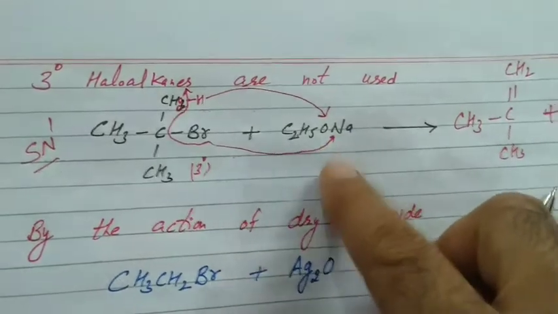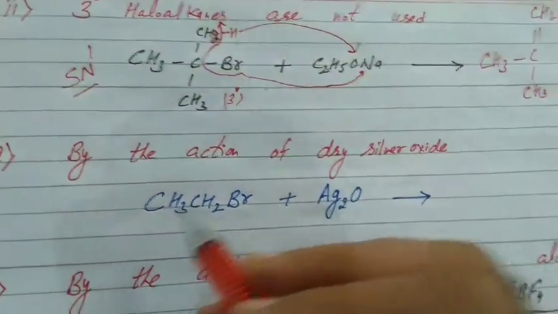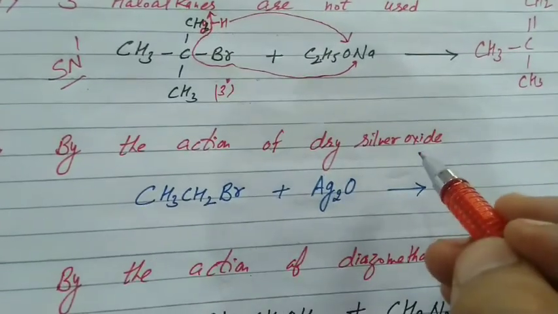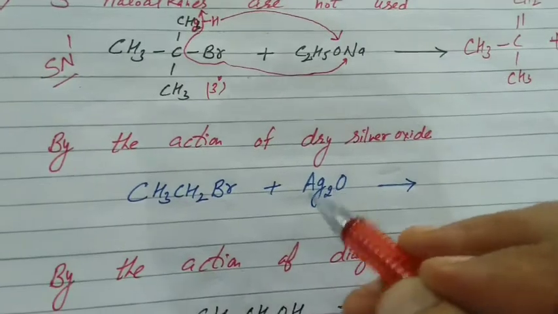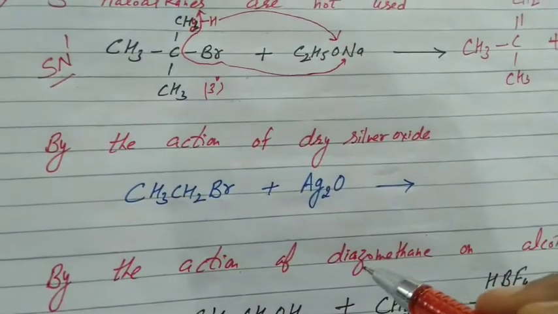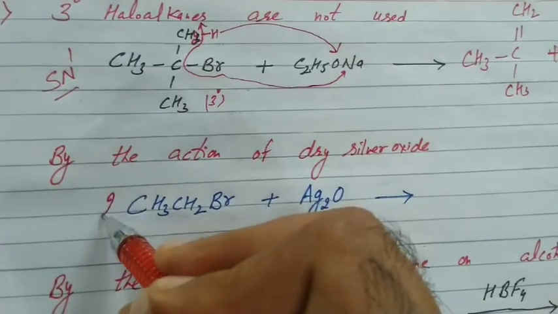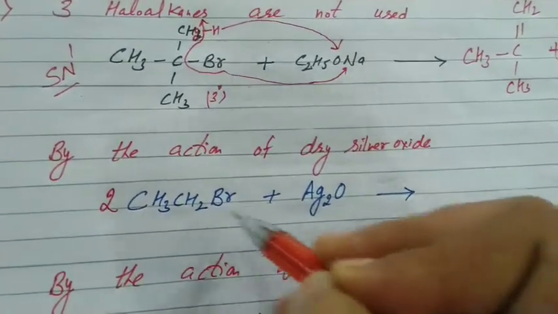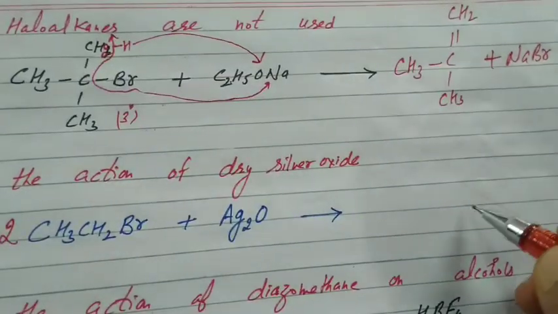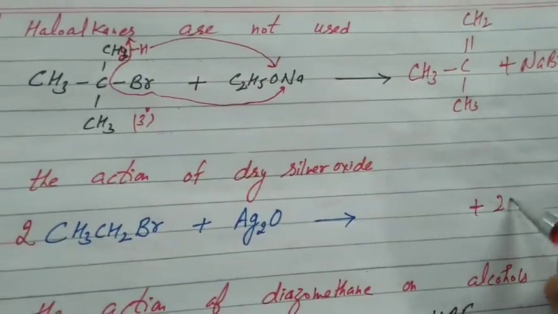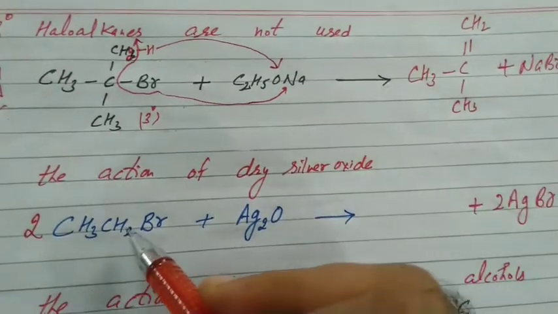Such questions will be there all the time. Second, by the action of dry silver oxide. Students, when we treat haloalkane with dry silver oxide, again we get ether as the product. It's a bimolecular reaction, twice of RX participates. What will happen, students? 2 AgBr eliminates. Now what is left?